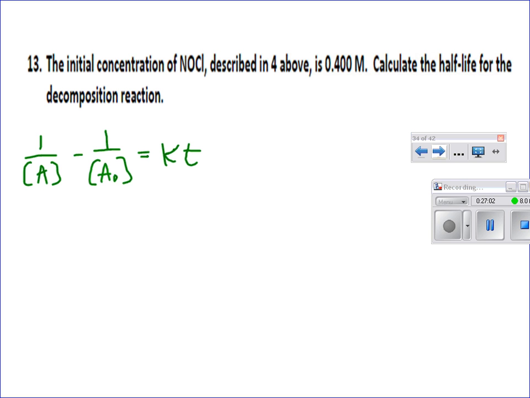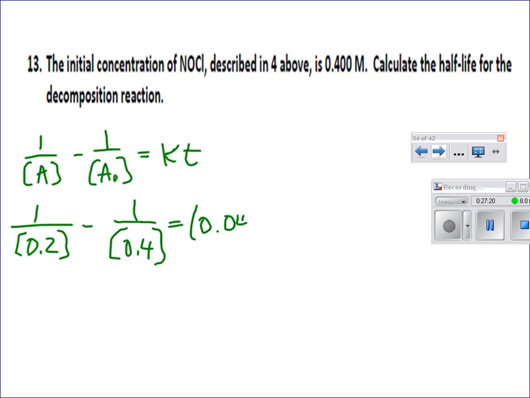Well, they want to know the time, the half-life, and if the original is 0.4, that's what we'd put in the original. What would we put here? Good, 0.2. And then our K from the other page was 0.048. Was it seconds? It was seconds, right?